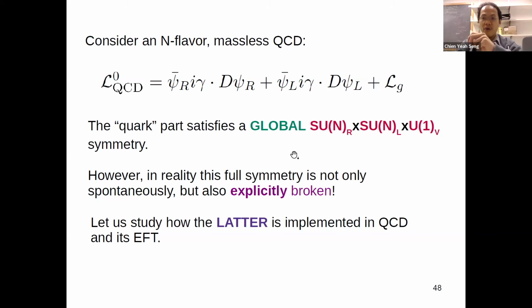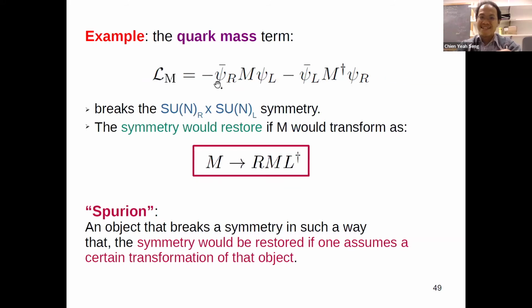So now we want to study the so-called symmetry property of the symmetry breaking term. So what does it mean? Let's take a look at the quark mass term. It breaks the chiral symmetry, but it breaks the symmetry in a specific way. So what is this way? The way is the following.